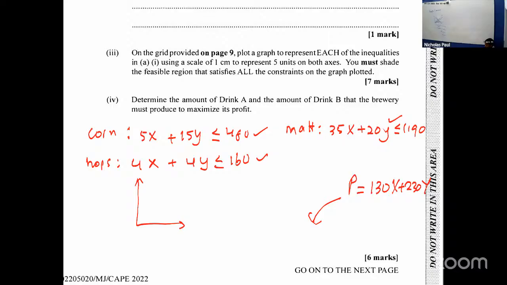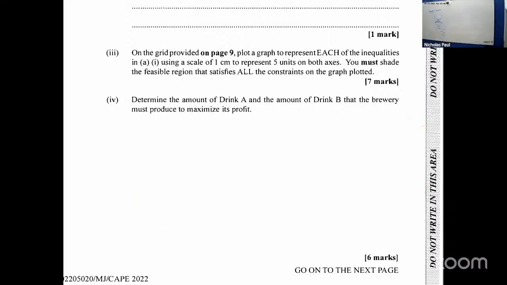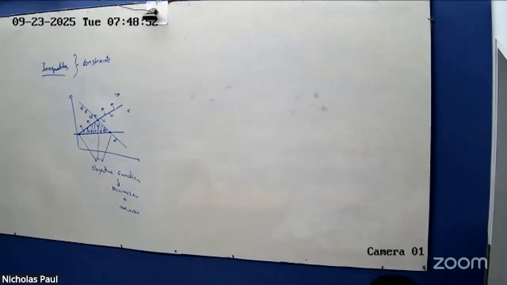Right, might be a little tricky to read all the points, but let's use the cell.